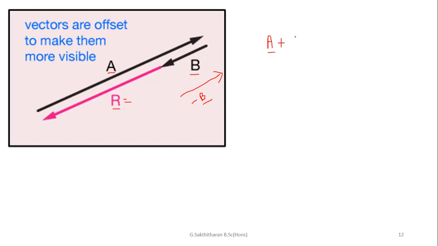So A plus minus B. Finally, we can get the resultant vector R is A minus B. This is the resultant vector.